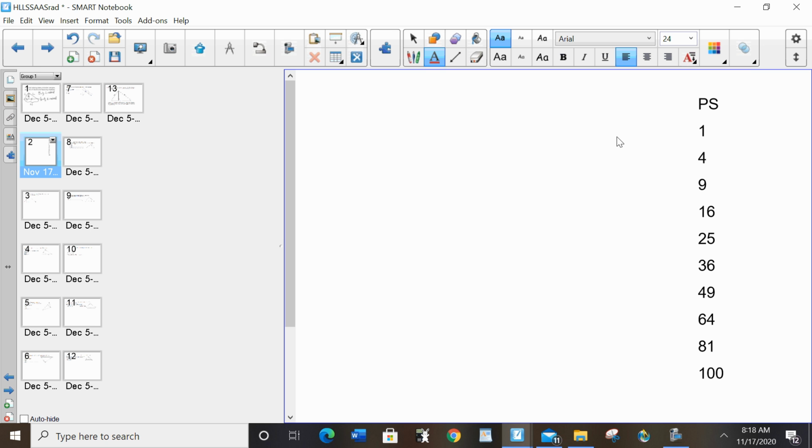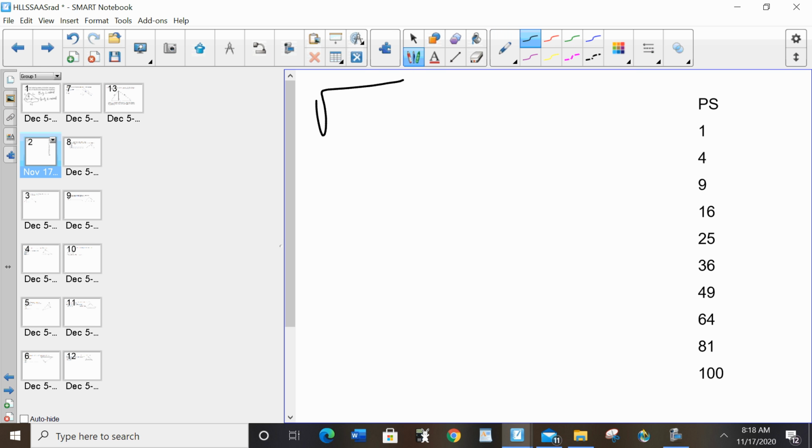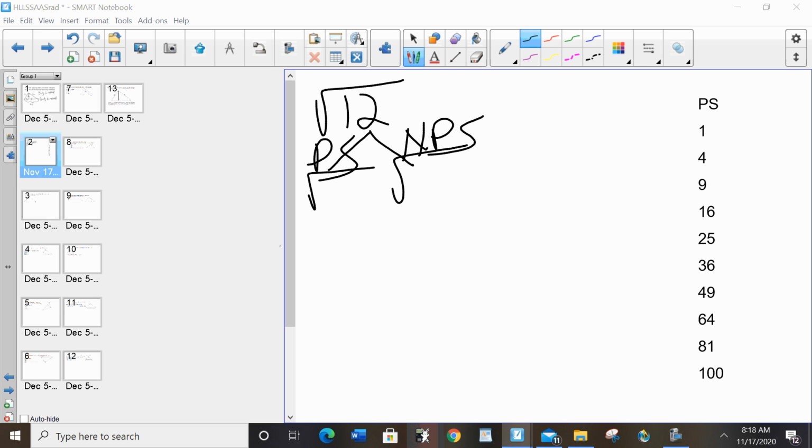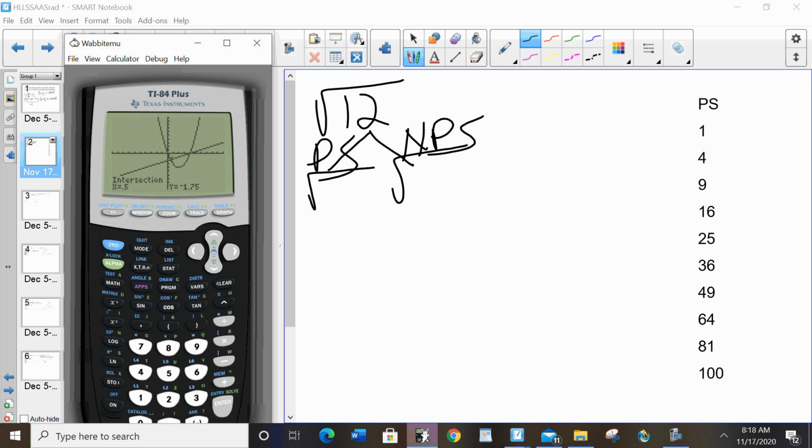And let's say I wanted to reduce radical 12. Well, since 12 isn't on my list, I break it down into perfect squares and non-perfect squares. If you're using the calculator, you're going to type in the number that you want to reduce, 12 in this case, divided by x.